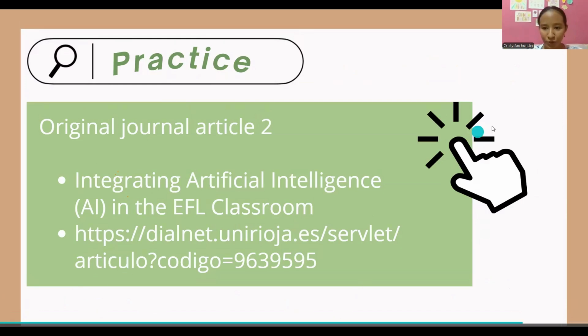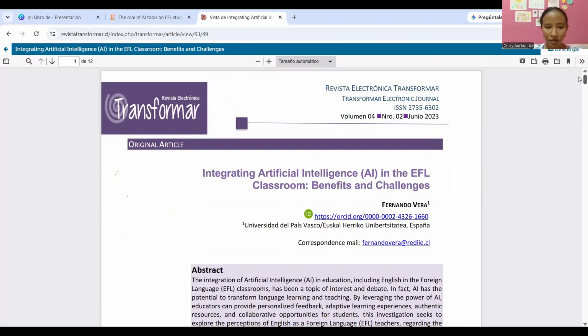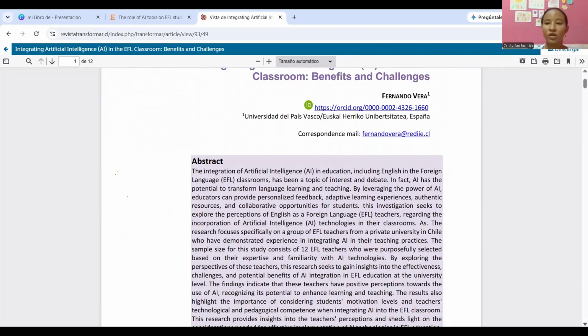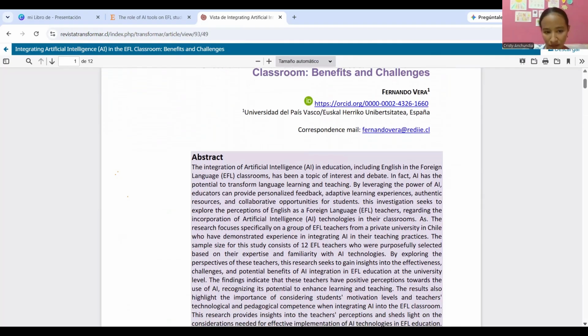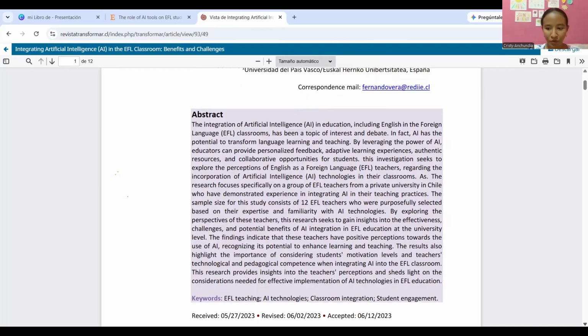Okay, I am going to show you the original article right now. Here we have the original article. One of the most important steps to follow when we are writing summaries is to read the abstract, because here we can see if this topic aligns with the topic or idea that we want to expand.